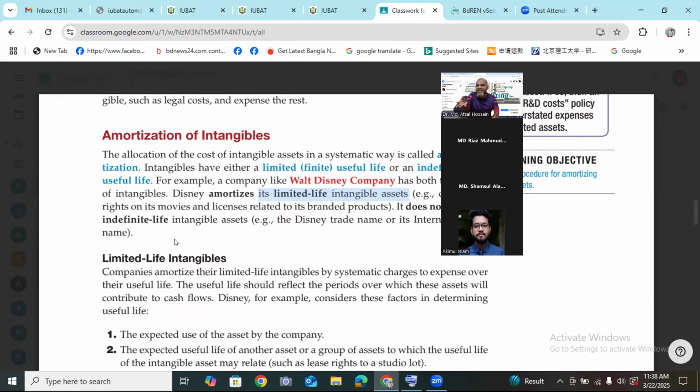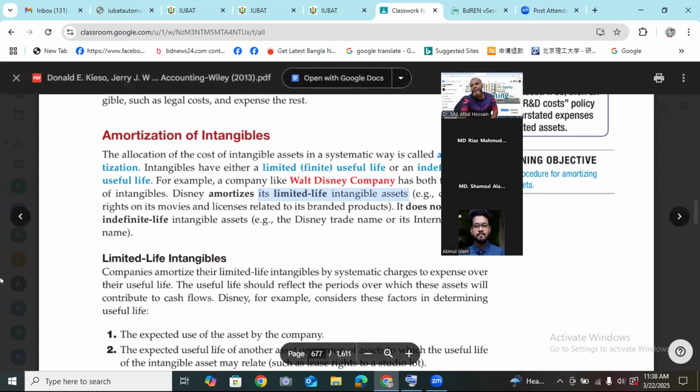So for infinite life intangible assets, no need for amortization. Only limited life intangible assets you should amortize on a yearly basis or periodically. Understand? Say, for example, land has unlimited life, infinite life.